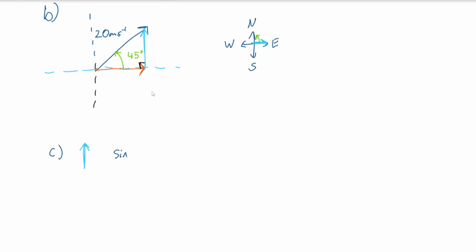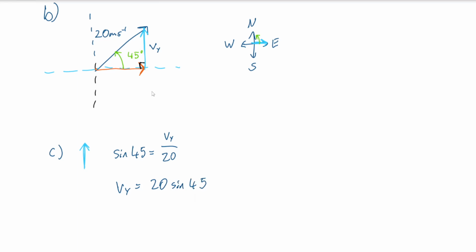So sine of the angle is equal to opposite, right, in this case that's what we're looking for, divided by the hypotenuse, 20. So rearranging that, we get the vertical component, so Vy, V subscript y, is equal to 20 sine 45.